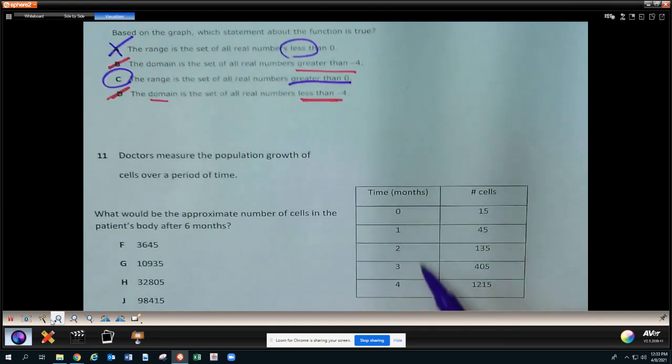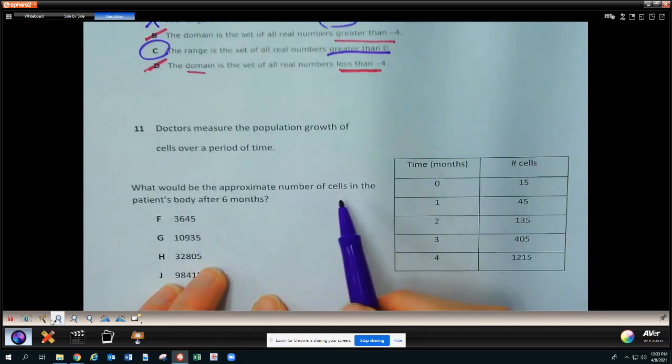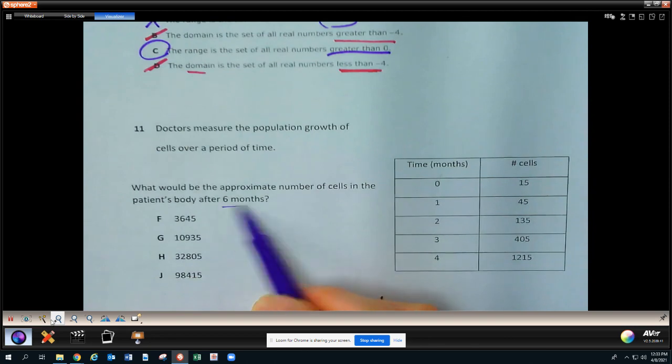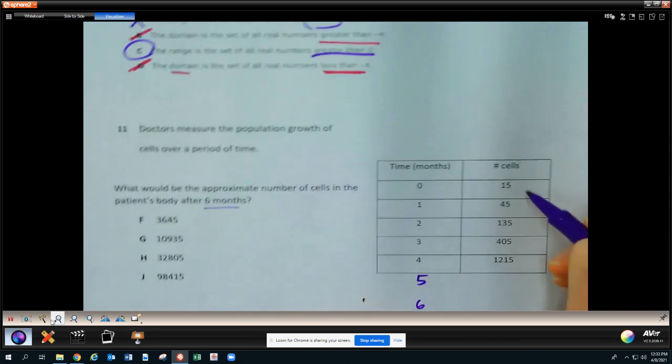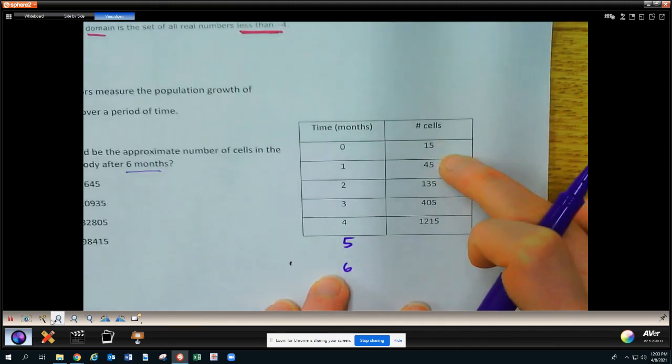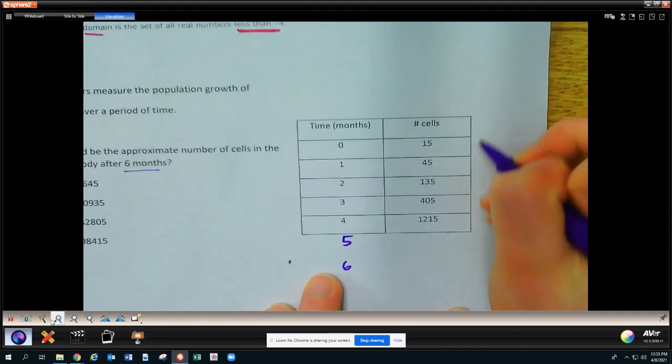All right, doctors measure the population growth of cells over a period of time. So here we've got the month, here we've got the number of cells. What would be the approximate number of cells after 6 months? And so we can continue the table if we see the pattern. So here, 15 to 45, I think is multiplication by 3, but I'm not positive.